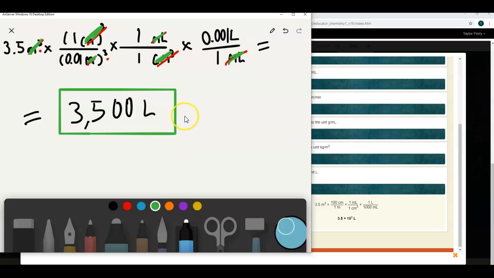In scientific notation, if I were to put a decimal here and go 1, 2, 3, that would be 3.5 times 10, and you just look at how many spaces we counted. We went 1, 2, 3, so it's times 10 to the third power liters. So that is the same answer.